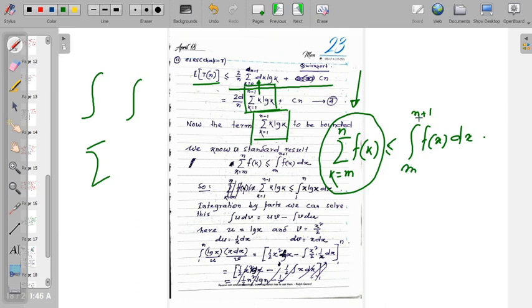So this is m to n plus 1. This is a formula I am just putting. It is there in the appendix of Cormen, and in any mathematics textbook you will have this.